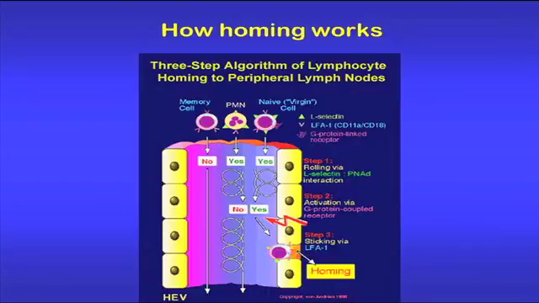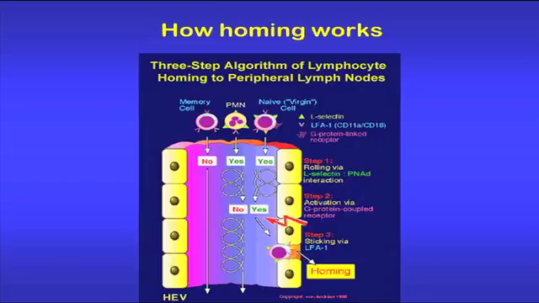So how do these interactions work? On the next slide, you can see how cells make up their mind to leave the bloodstream. What we're showing here is a high endothelial venule. You can see that label at the bottom on the left, HEV. So these are cells thinking about going into a lymph node.